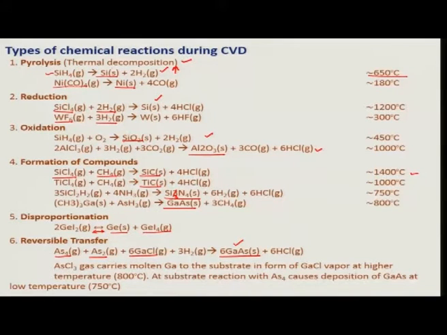So, in this case HCl gas carries molten gallium to the substrate in the form of gallium chloride at 800 degrees C, and at the substrate it reacts with the As4 to make the thin film of gallium arsenide.